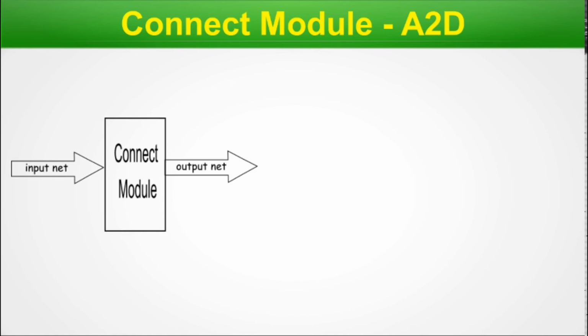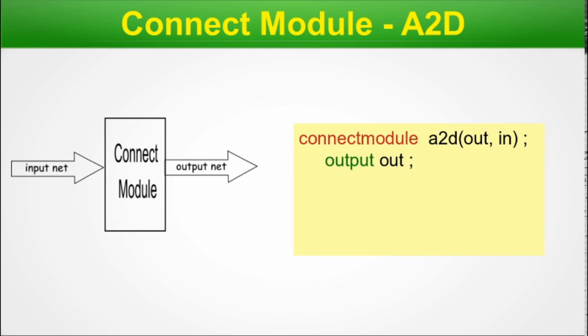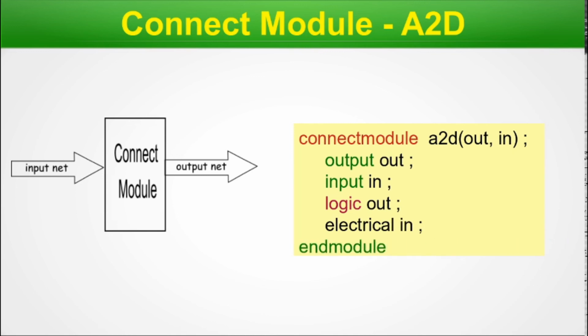So let's look at the A to D. Here is the connect module. We write A2D, out and in. Out will be the output, in is the input, and the output is logical and the input is electrical. Then we end the module here.